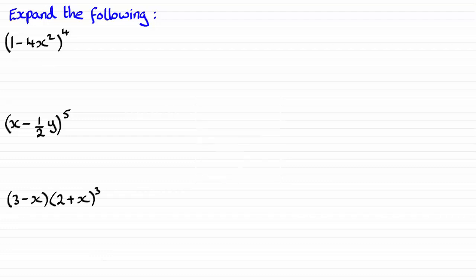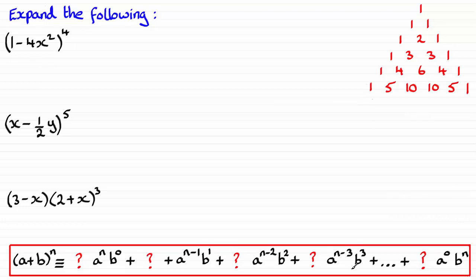Okay, so the first thing that we need to do is just write out Pascal's triangle. We're taking it up to the power 5 here, so if you were doing Pascal's triangle, it should look something like this. And also, when we had to expand anything of the form (a + b)^n in the previous section, I showed you that we had this formula here.